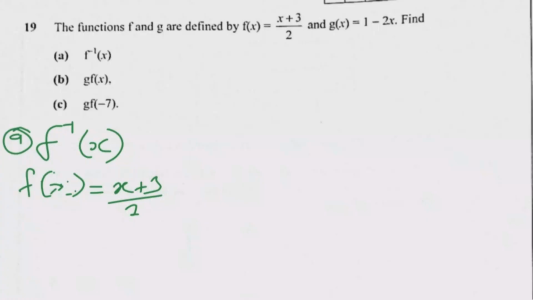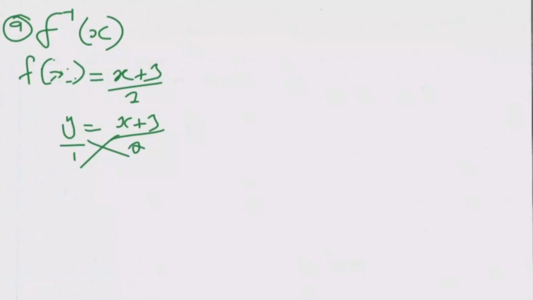Where this f of x is, we write y is equal to (x plus 3) over 2. So what we do is we cross multiply. We have 2y is equal to x plus 3.